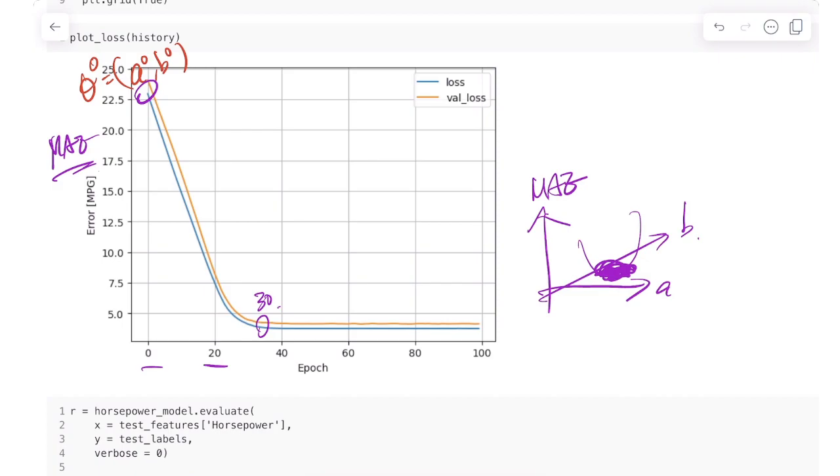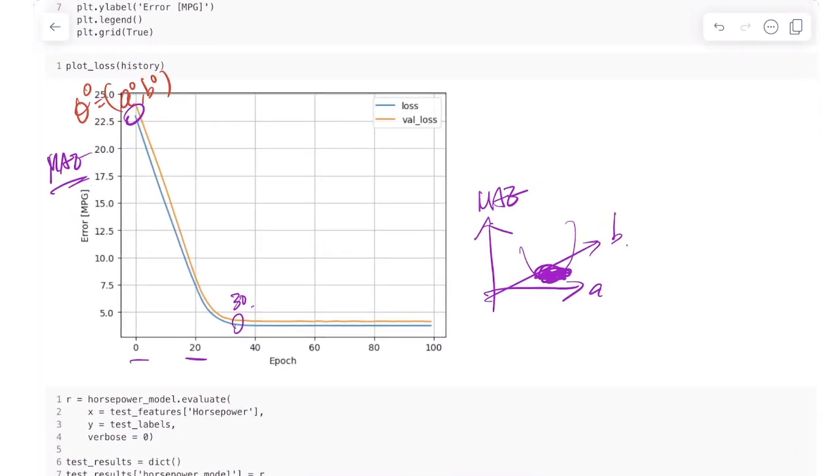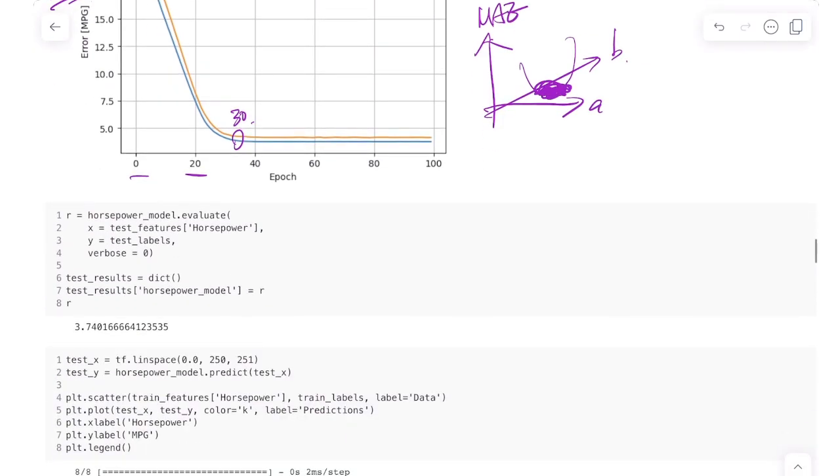Because even if we have more gradient descent, it seems like the error becomes stable, right? So maybe it indicates that we can stop the training maybe at the 40 epoch or 30, okay, because the MAE value will not decrease, even if you perform more gradient descent, okay.